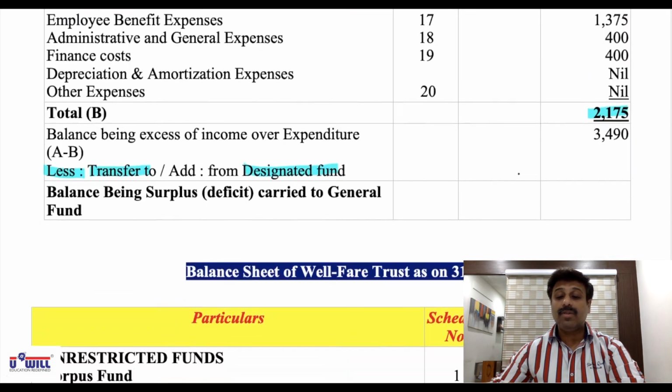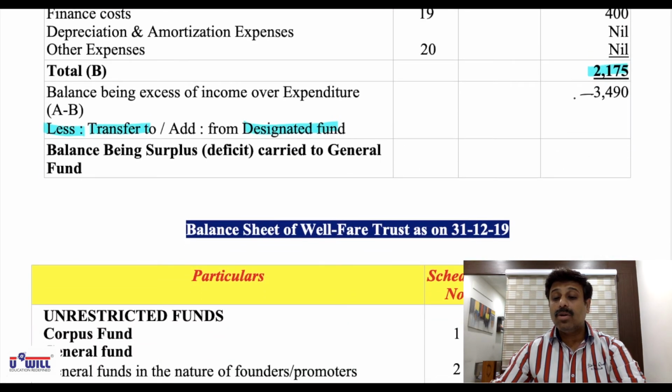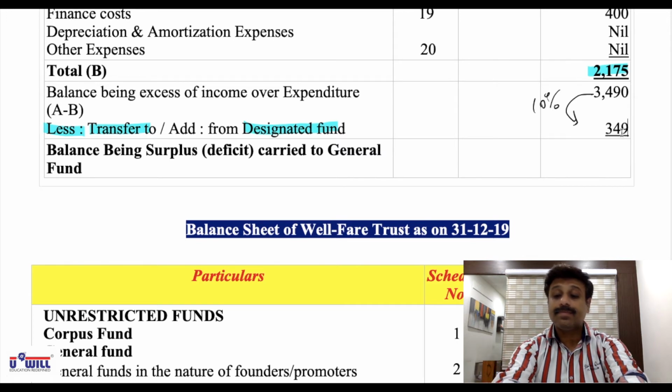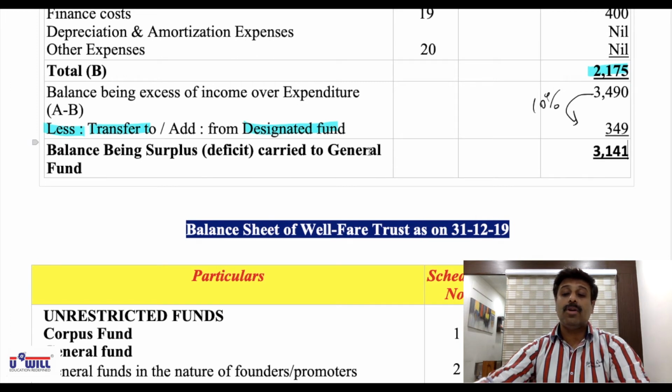So 10% of this amount, 3490 into 10%, that is 349 we will transfer to designated fund. If we transfer 10% to designated fund, what will remain is 3141. That will be the balance carried forward to general fund.